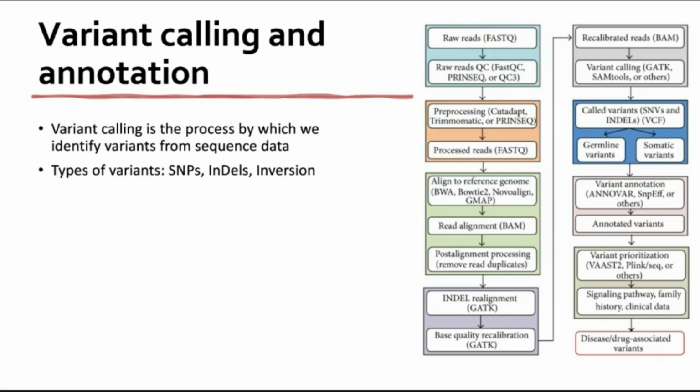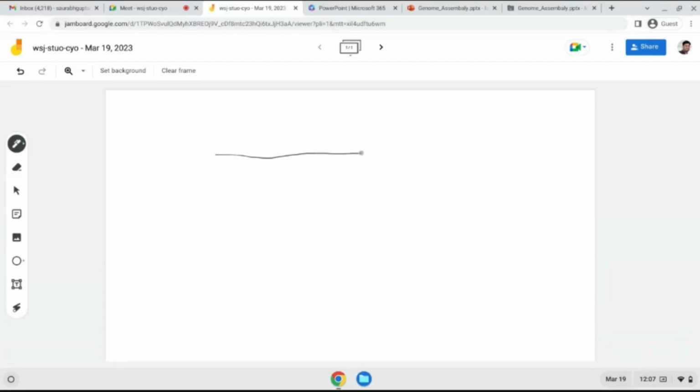So what happens when we are generating the reads, we have to see how many reads are supporting that particular mutation. Suppose I am giving one example over here. This is one read, this is another read, and this is your reference sequence. I know you know the basics of reads.